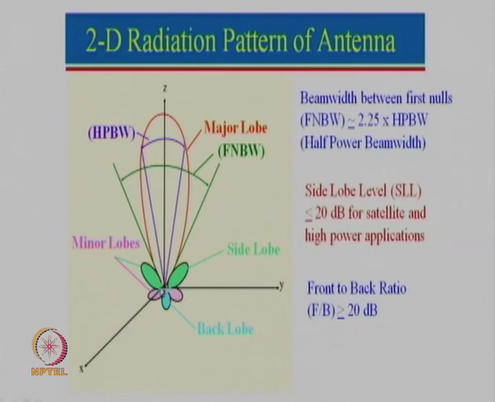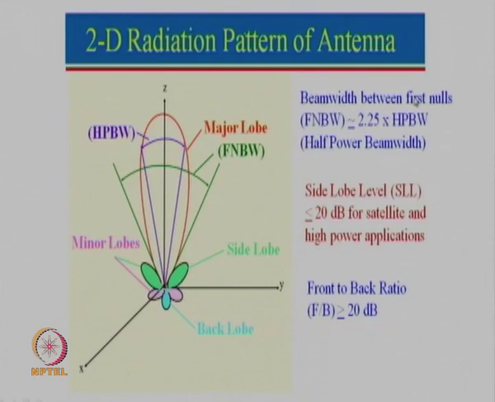After the main beam there is a side lobe coming up, but in between there is a null. So, we have a null here and a null here. The angular distance between the two is defined by the first null beam width. There is a simple relation between the half power beam width and first null beam width.